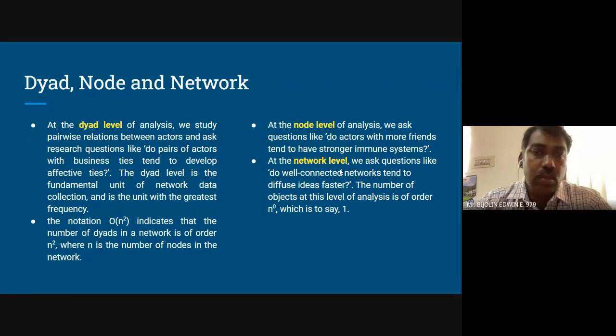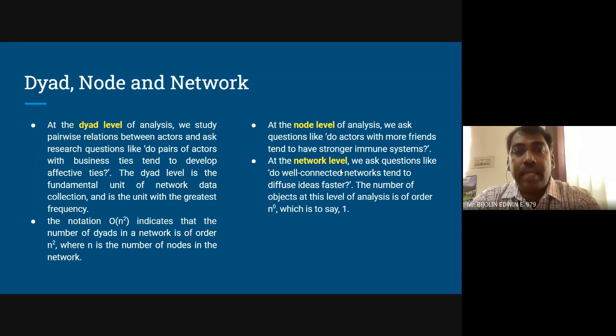That is the main aspect of the dyad. And node: at the node level of analysis, node means actors. So A is one actor and B is one actor. When you take only A, it can be a real-world entity, or it can represent an organization, or it can represent any data. That is one node. And the network level connects n number of nodes among particular clusters.